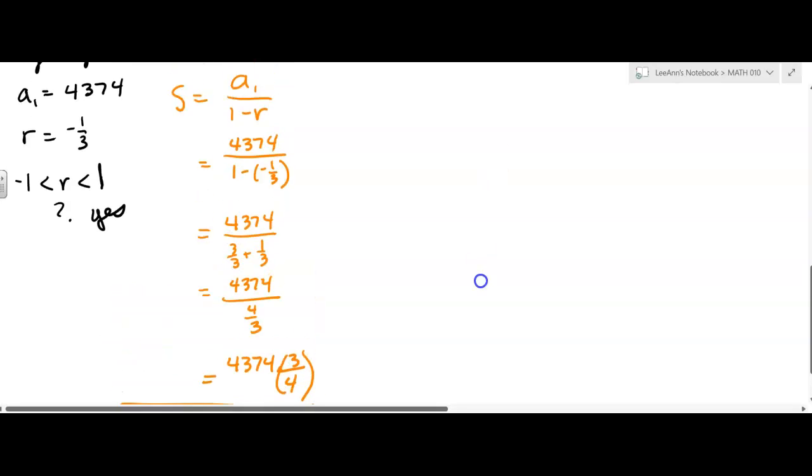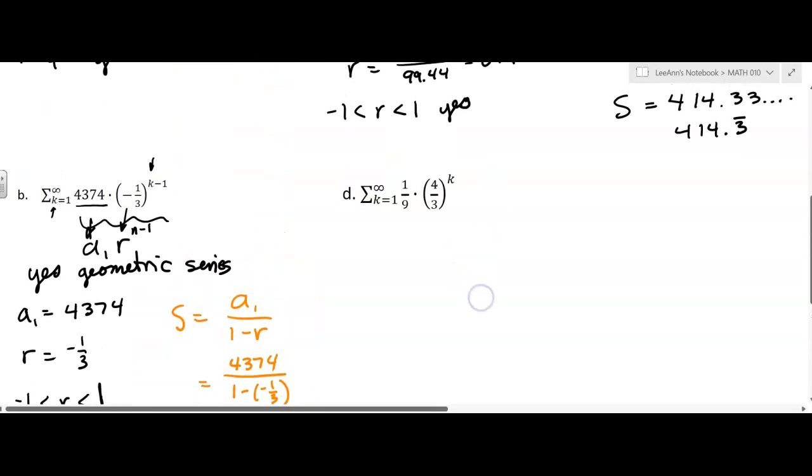Okay, great. And it looks like we have one more. So it looks like it's in the form of a geometric sequence. It's a little bit different because it doesn't have the k minus 1, it just has k. But it looks like every time we're going to be multiplying by 4/3, right? Well, let's do a little more work here. Let's put in 1. So 1/9 times 4/3.